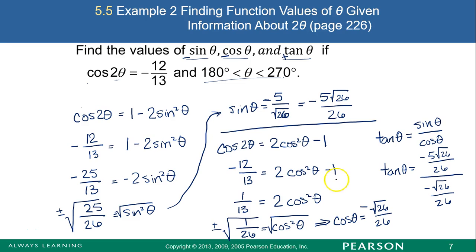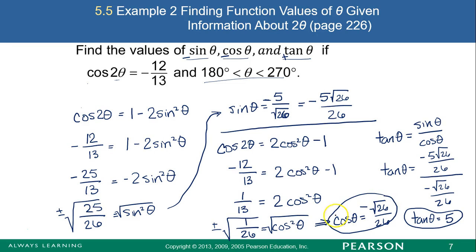And let's see what we get here. Oh, this reduces down to tangent of theta is equal to 5. And we're done.